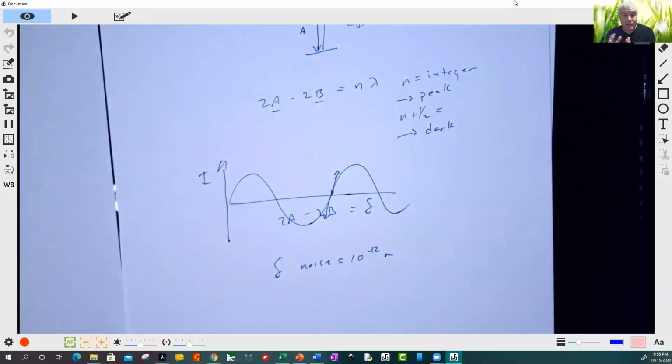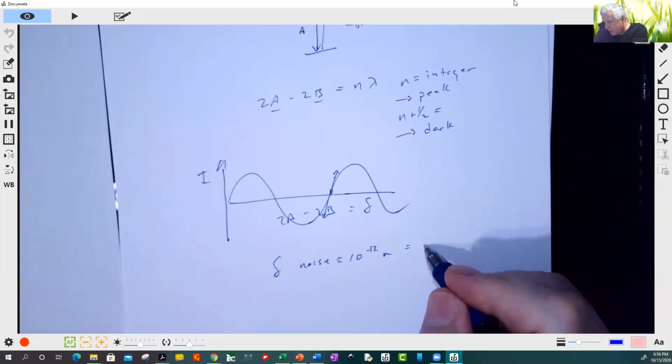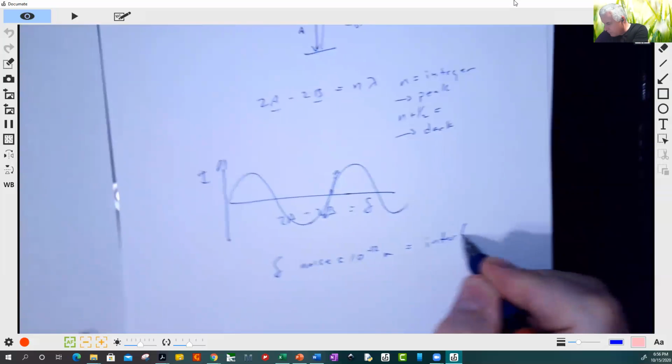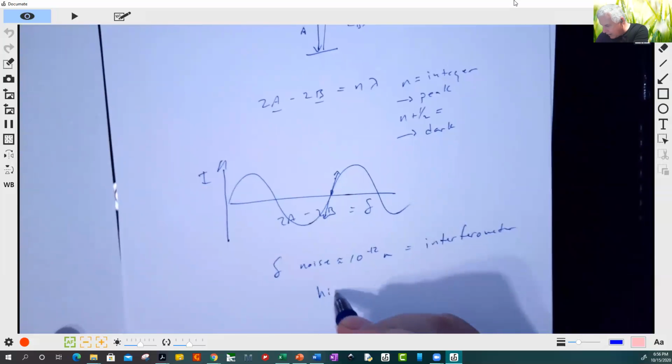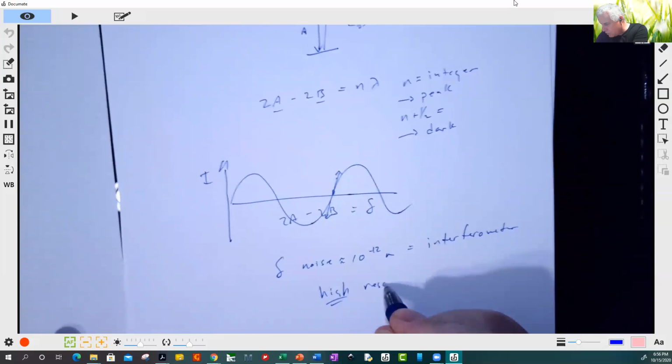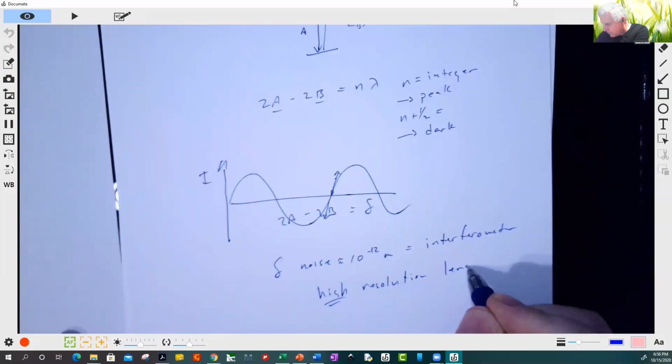It's like a thousandth of the diameter of a hydrogen atom. And then you get down to the little nugget in the middle, right? So this is the interferometer as a high resolution length detector.